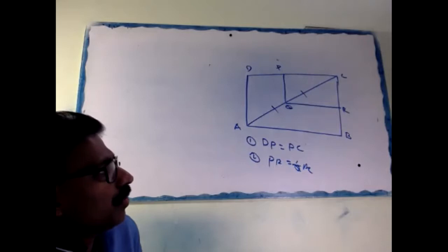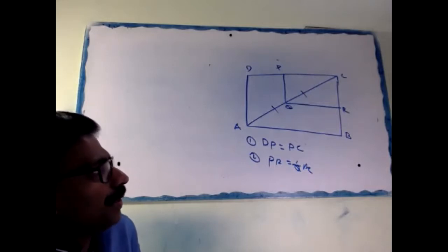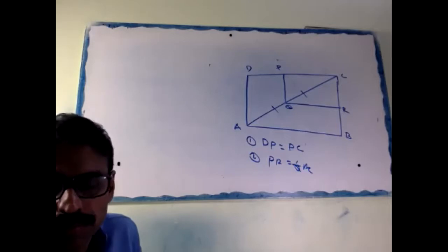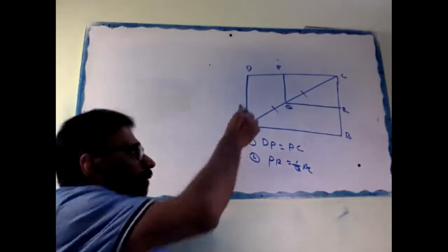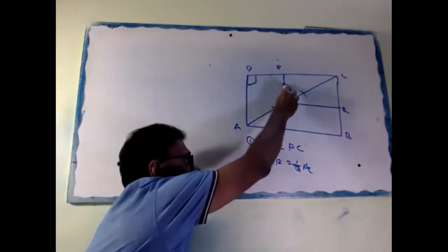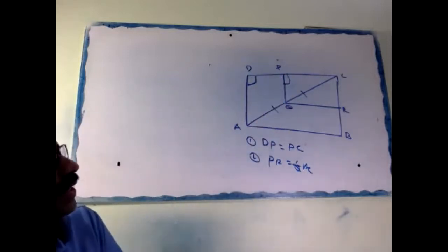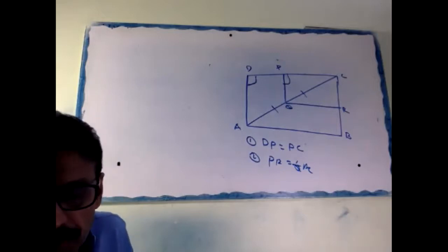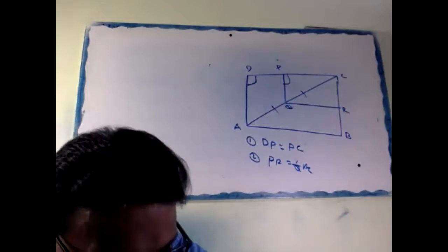Angle D is equal to angle QPC, equal to 90 degrees, each angle of a rectangle.